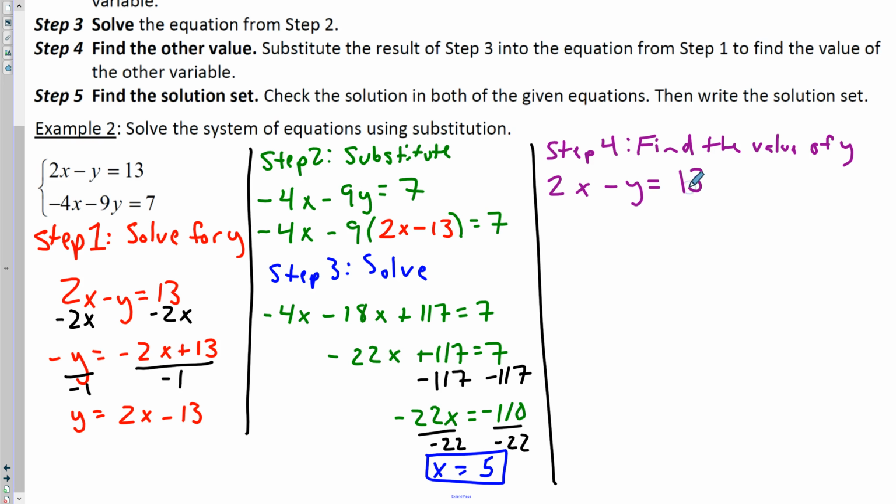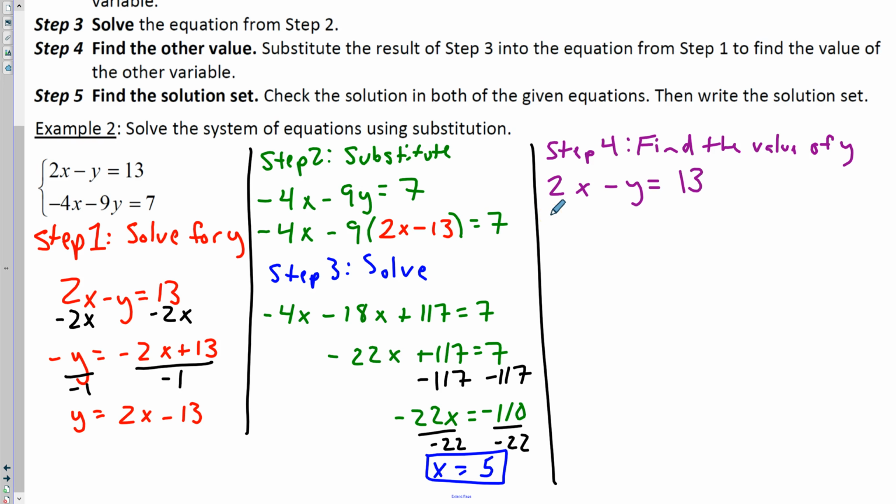We can accidentally do some of our math wrong and not realize it. So I like to do this step 4 in one of the original equations, so that if my value of x was wrong, say maybe I made my mistake in this first step here, it allows us a chance to catch that when I plug my x value back into the original, I may get a very strange y value, and that's an indicator that there could be something wrong with our solving process.